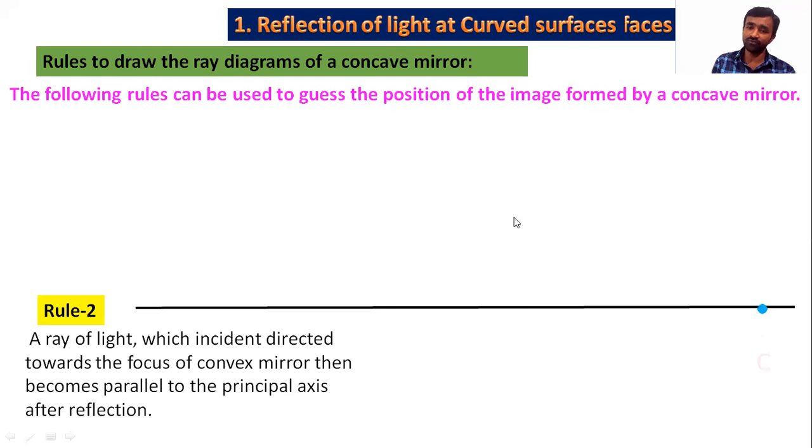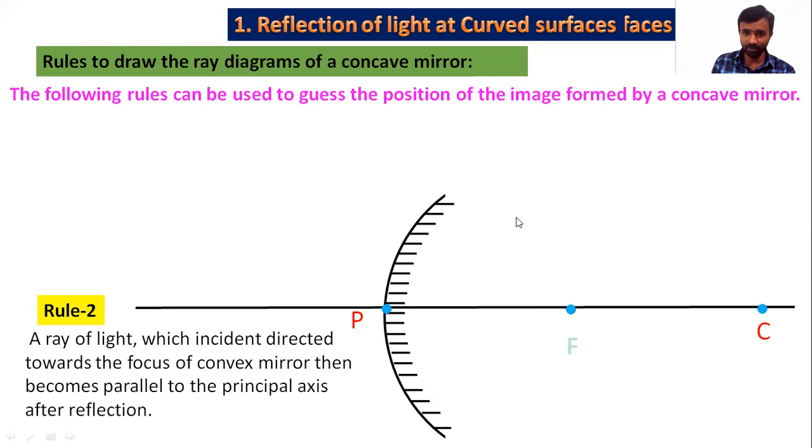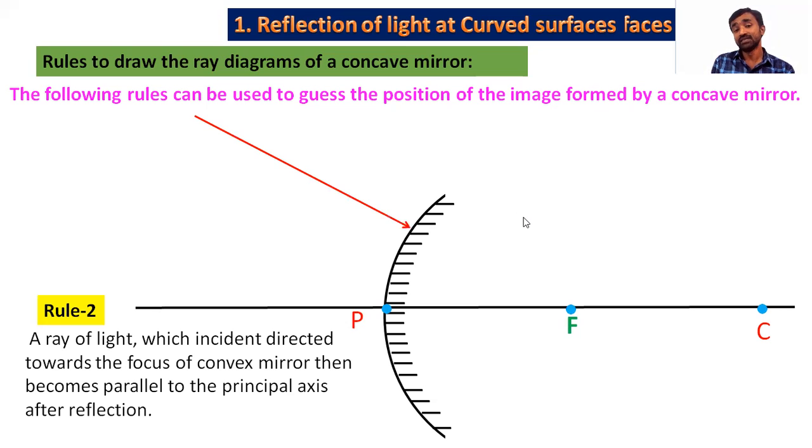Drawing the convex mirror as you followed in the previous case. So that is completed. Then what to do? I directed a ray which appeared to meet the focus, but it won't meet. Will it meet? No, because the reflecting surface does not allow the light ray to pass through it. It will send it back, right?